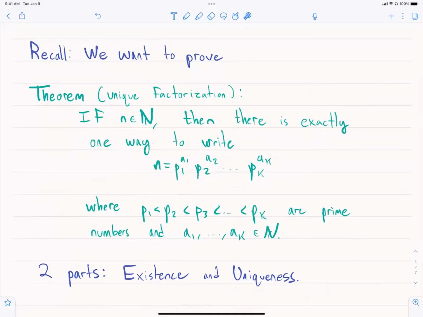Existence is something that will hold more generally, in some other related situations we'll talk about later on in the class, but uniqueness is a little bit more special. That's special about the integers as opposed to other number systems we'll talk about later.